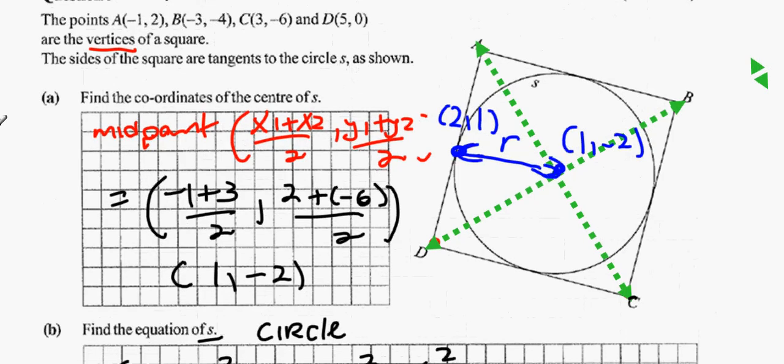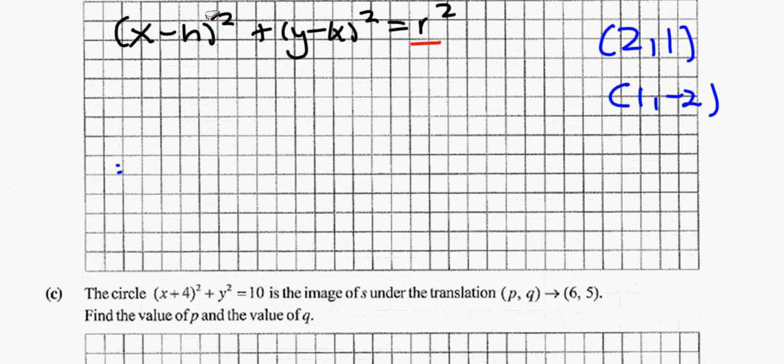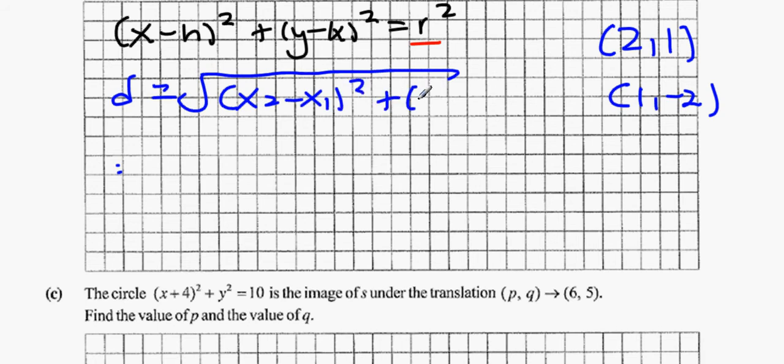So we're going to use the distance equation again, which is the square root of x2 minus x1 squared plus y2 minus y1 squared. This one is x1, y1, and this one here is x2, y2.